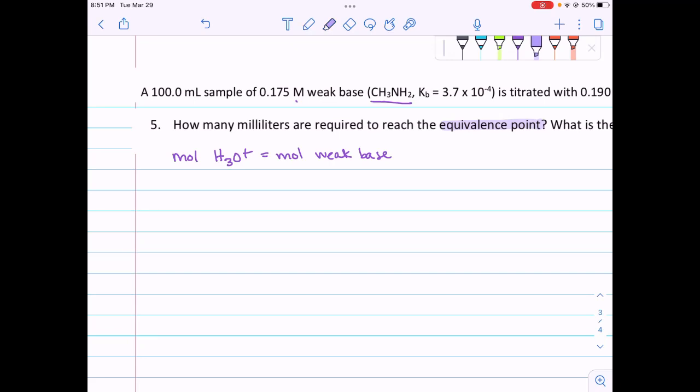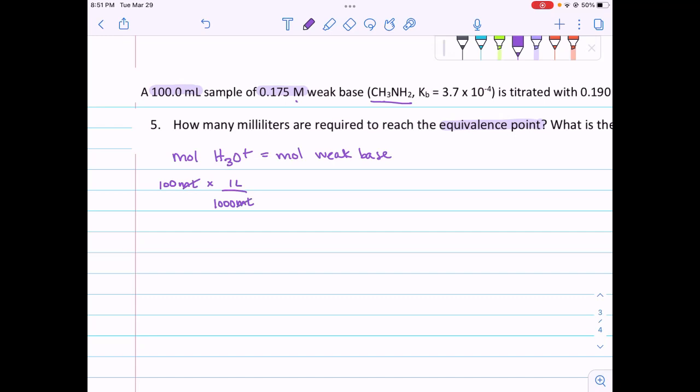So if we look up here, we know that we have 100 milliliters of 0.175 moles per liter weak base. So let's see if we can't use those two pieces of information to figure out how many moles we have of weak base. So let's start by converting 100 milliliters to liters.